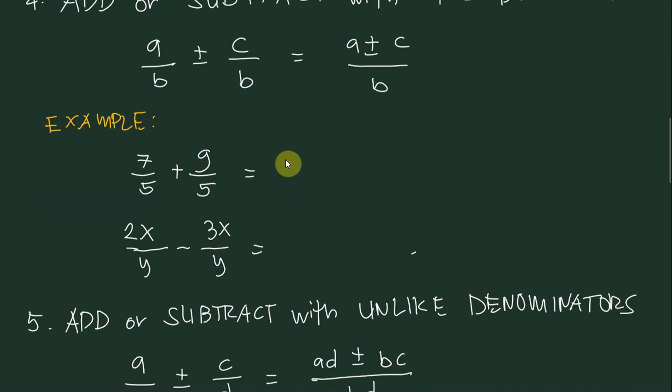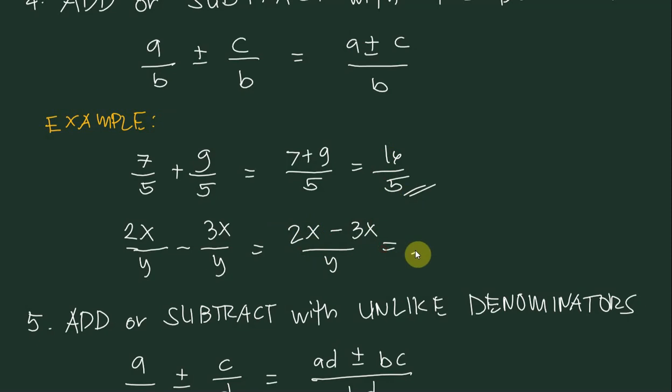An example here would be 7 plus 9 over 5. That would be 16 over 5. And then for the second example, we have 2x minus 3x over y. So this will evaluate to negative x over y.